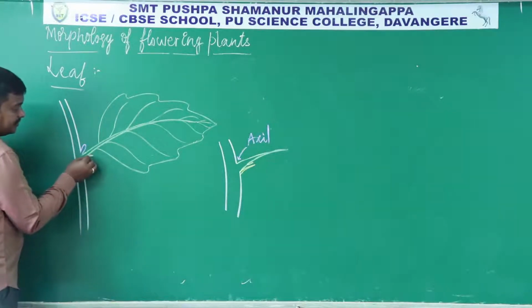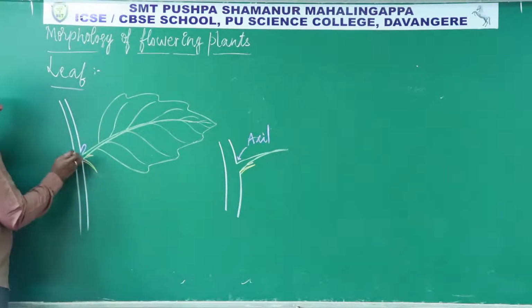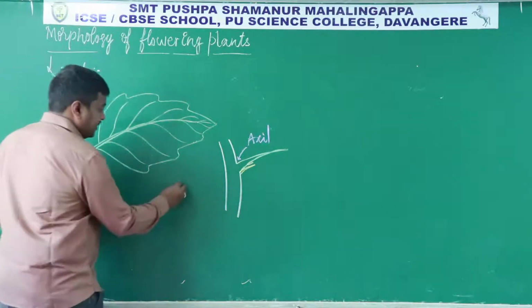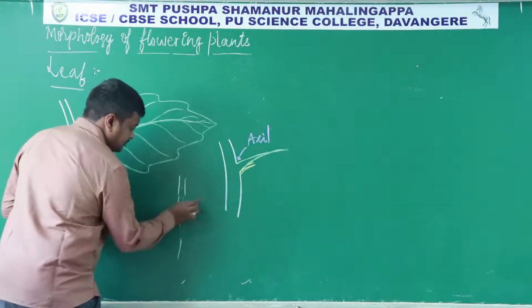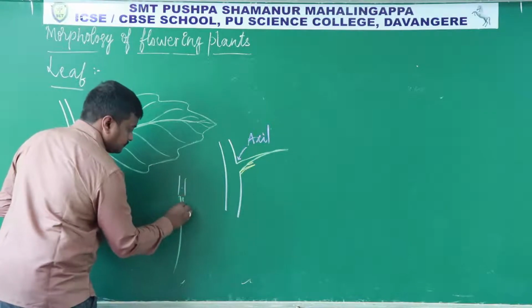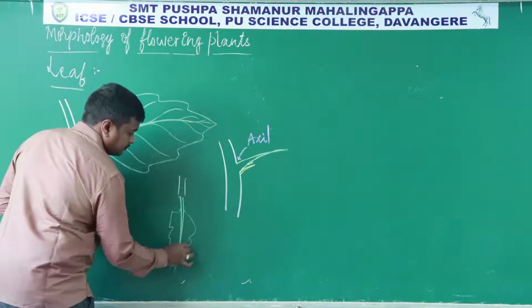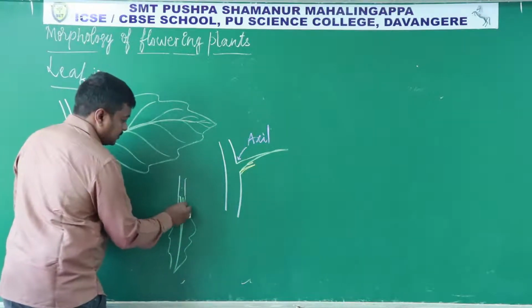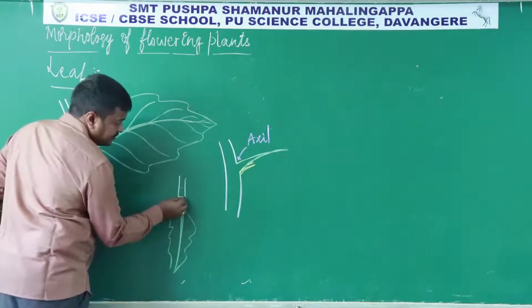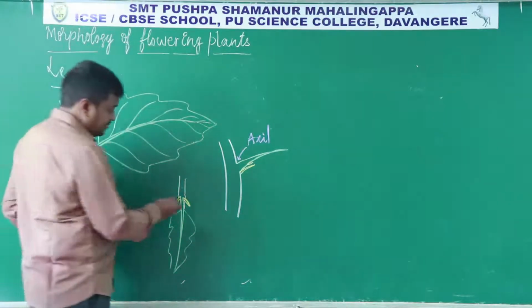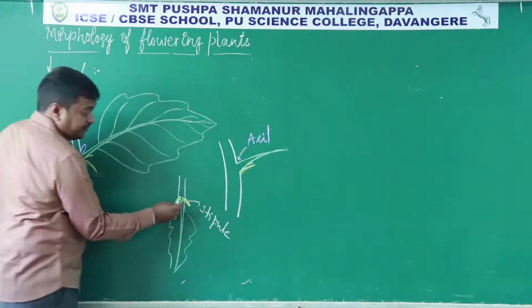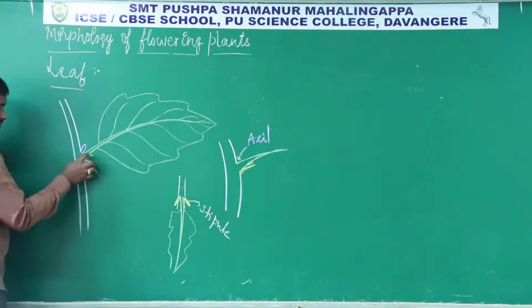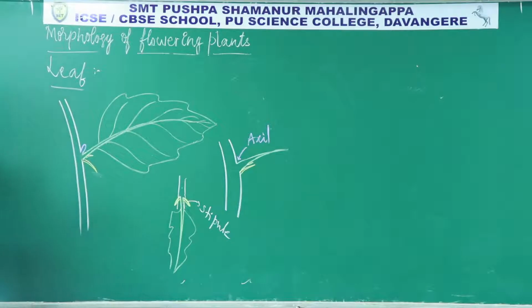From the front view, suppose this is the stem where the leaf originates. On both sides there are small structures like this. These structures are called stipules. Two small appendages are present at the leaf base, one on each side. Those are called stipules.